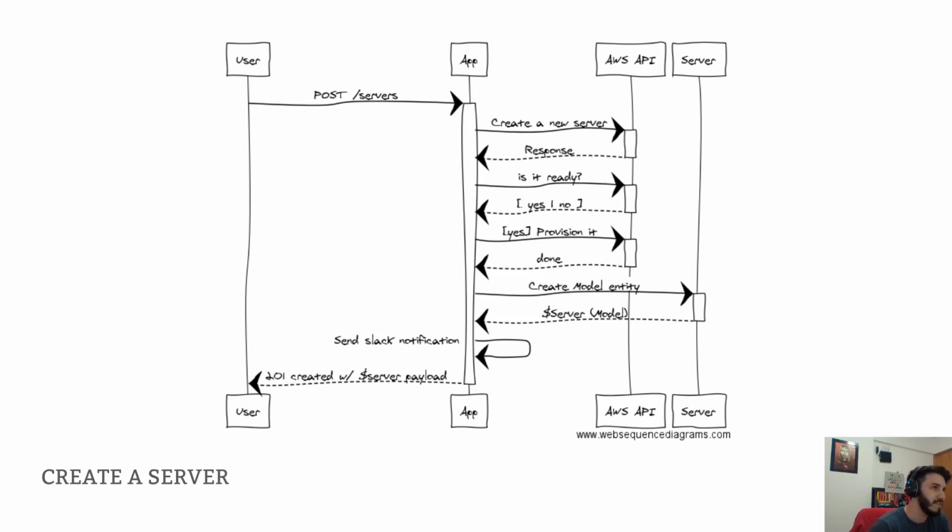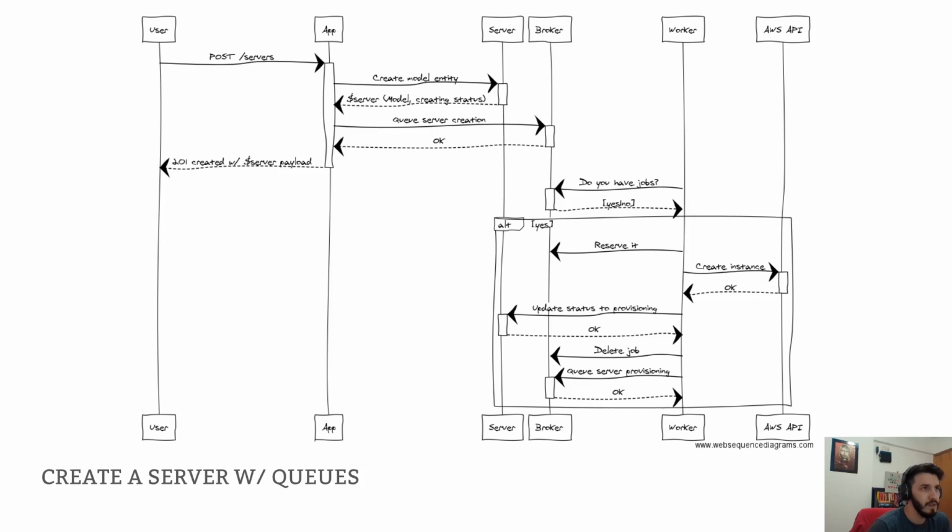Instead of having a single application, we now have two different pieces. We still have the POST to /servers in our application, which creates them. But the difference is that before we were not creating the server model right away. We only created the server after it provisioned.